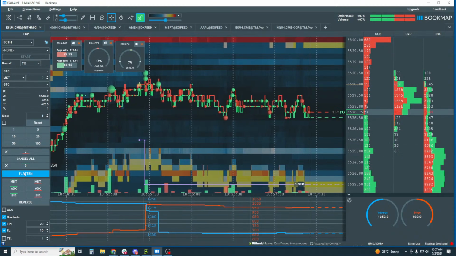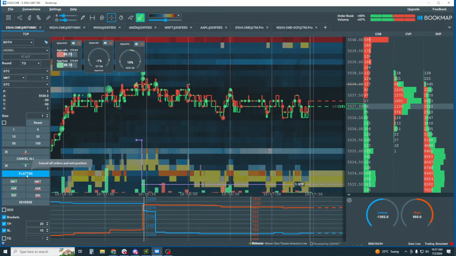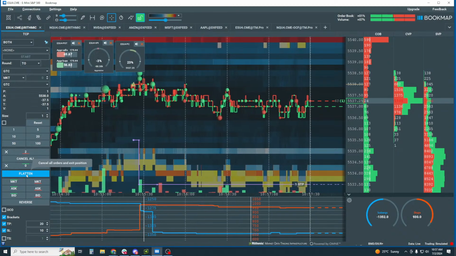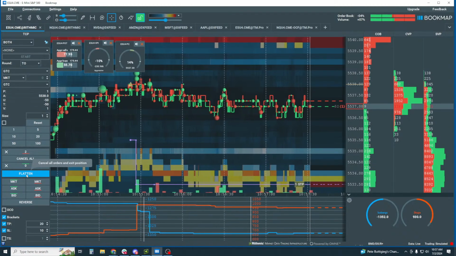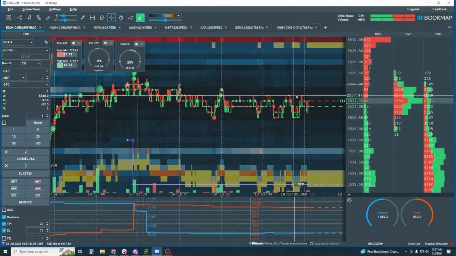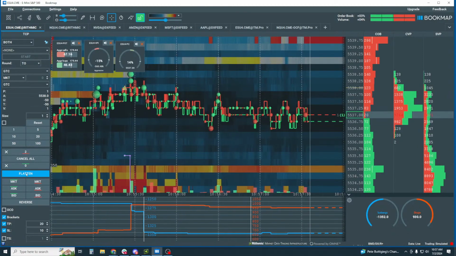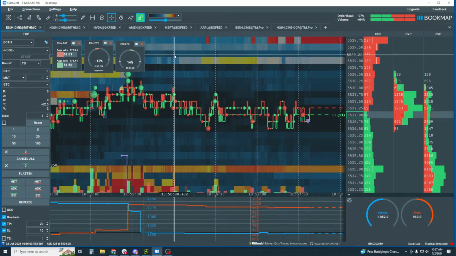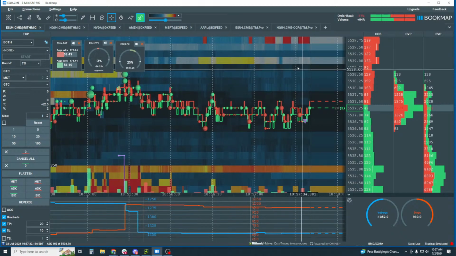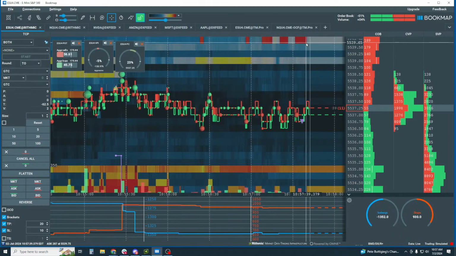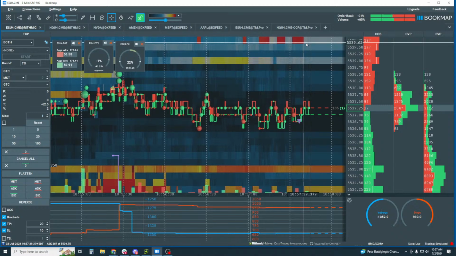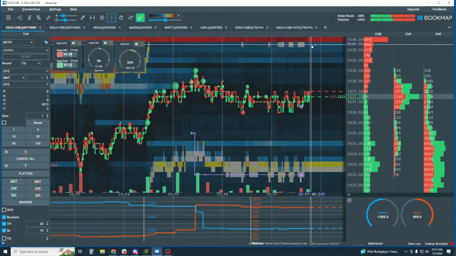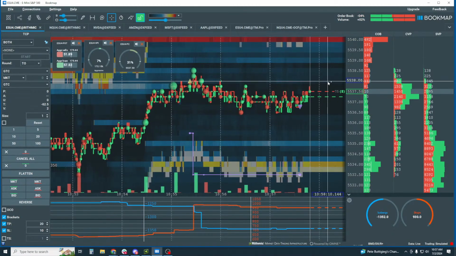Okay, let's keep our finger on the trigger here. Again, exhaustion up here, not good, not what we're looking for. I'm going to exit it and just forget about it. Okay, we can always get back in.